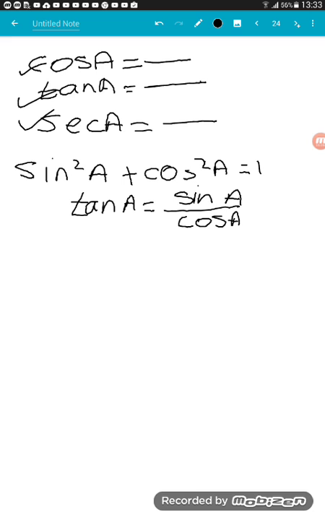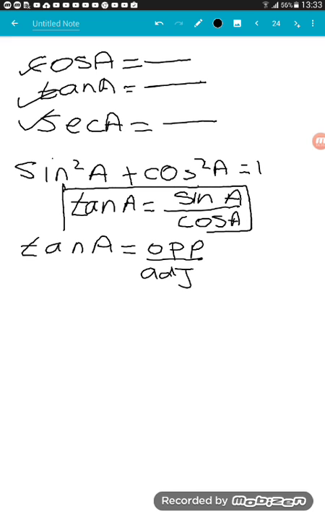Let me show you how we found this. We know that tan A is nothing but opposite by adjacent. Now we will solve the RHS of this. This is extra information for you, so write it as EI, extra information.